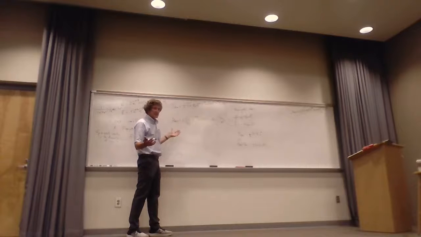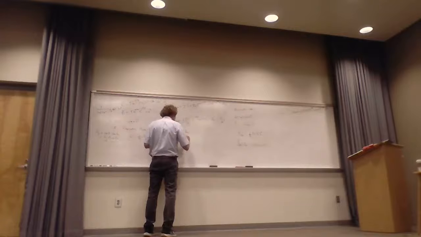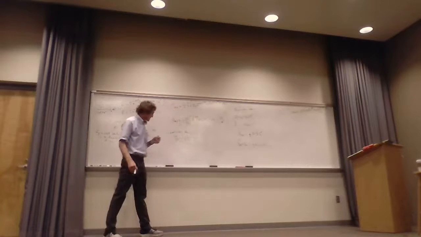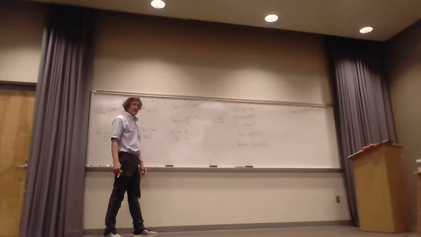And what's nice is, if you're talking about free space or a lossless region, the average power density, and I love this, is just 1/2 the magnitude of the E field, E naught squared over eta, in the direction of propagation. That's really nice, because in free space, it's just E field squared over 2 times 120 pi, or 377.